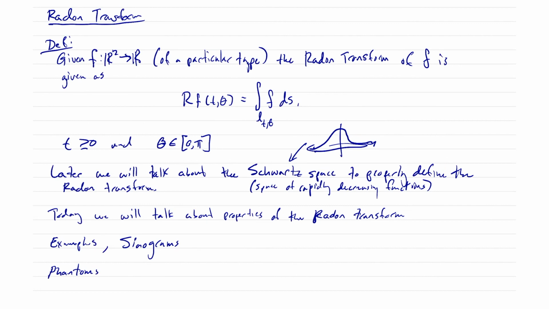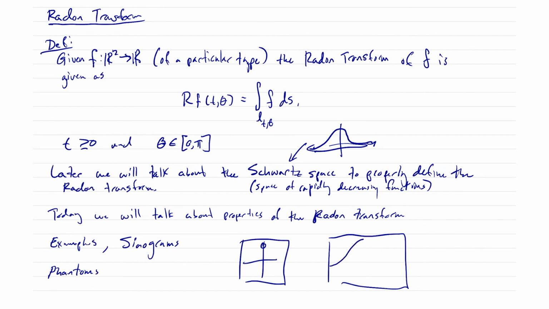For instance, the examples we're going to be looking at are generally going to be characteristic functions, say a small disk in the plane, or a square, or an ellipse. What we're going to see is that when we have a little circle, it's going to give us a sinogram like this. Now this is sort of our ground truth.